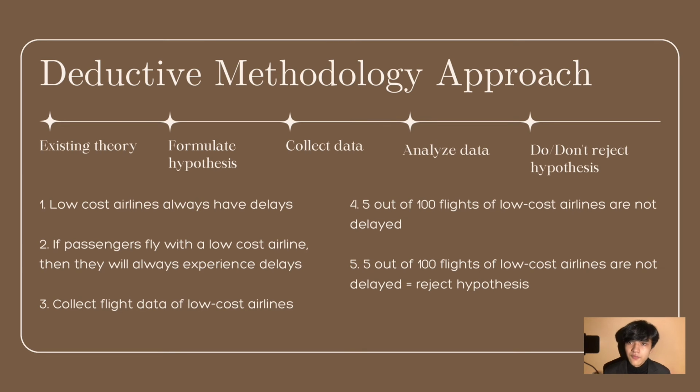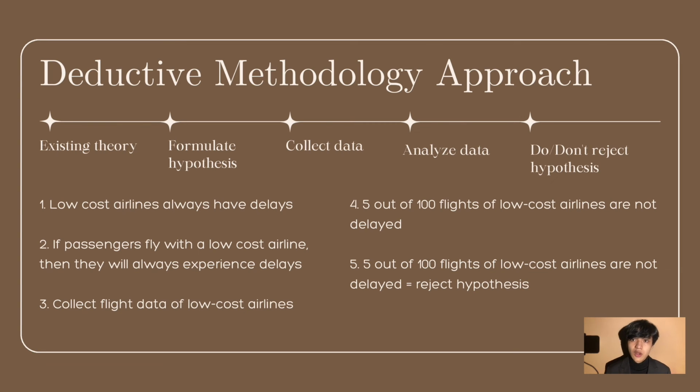Moving on to a deductive methodology approach. Let's say that my friend is curious about my theory's accuracy, so he might test it out to satisfy his curiosity. Because he wants to test an existing theory, he has to follow the approach of deductive methodology. The first step is that he has to have an existing theory.